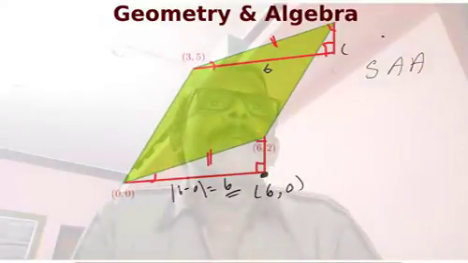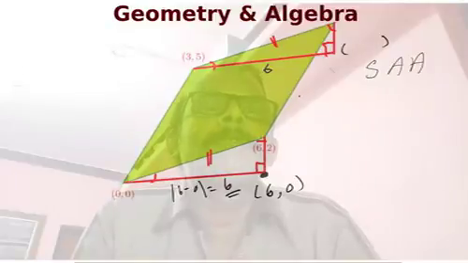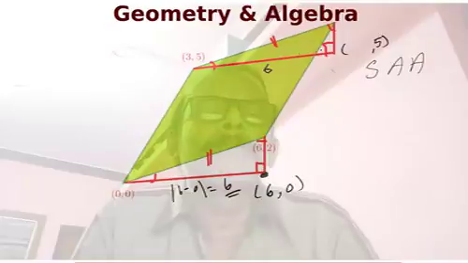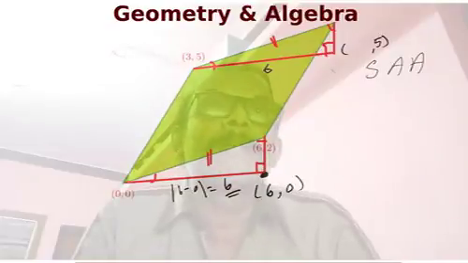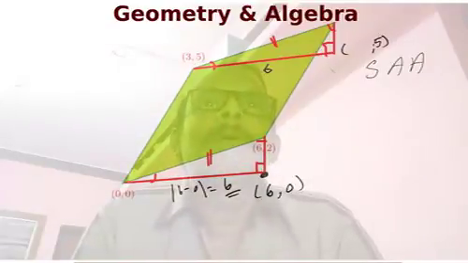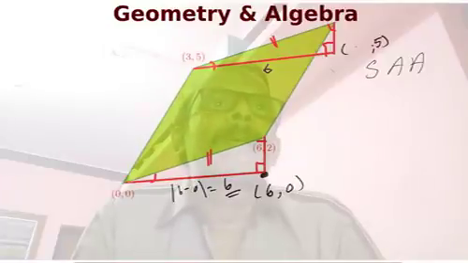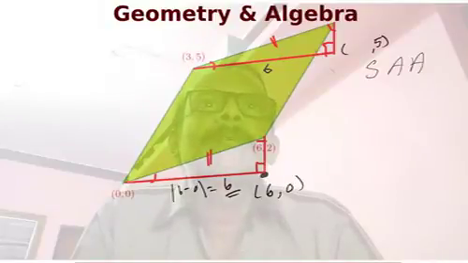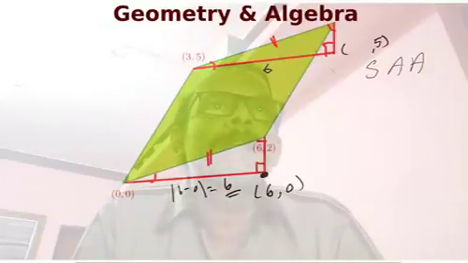Then can you give me the coordinates of this point? Yes, its y coordinate we already have, because it is a line parallel to the y-axis, so this coordinate will be equal to the coordinate of this point. So this y coordinate is 5. Now what about the x coordinate? Here it is 3, so we have to move 6 units rightwards.